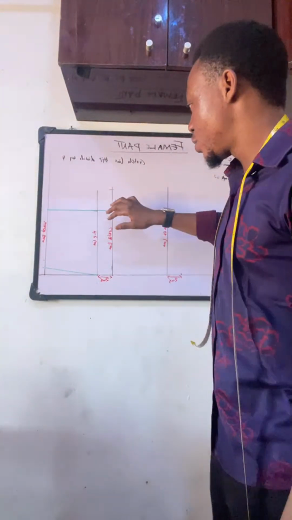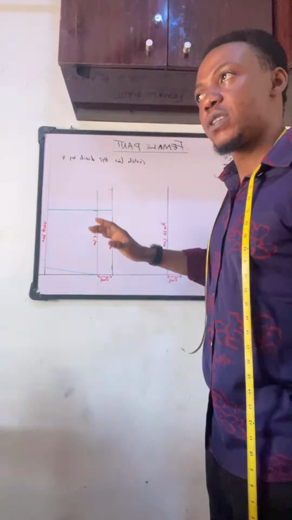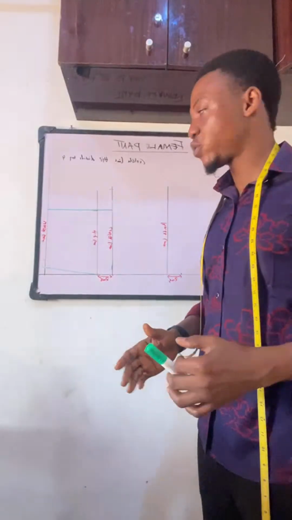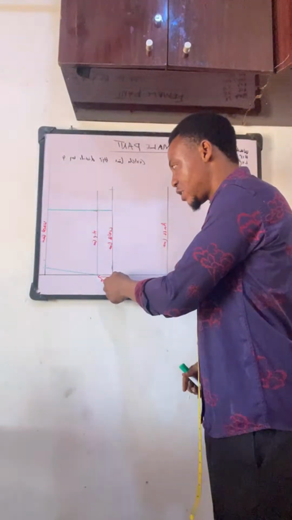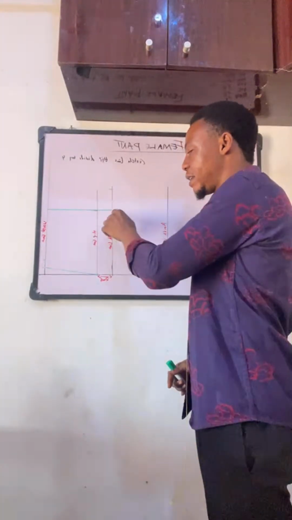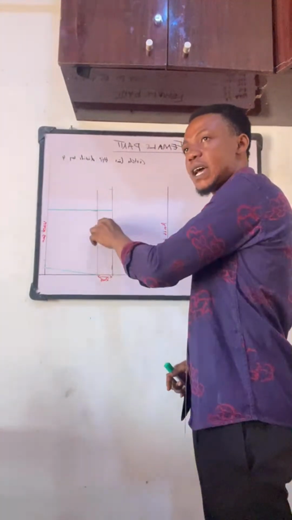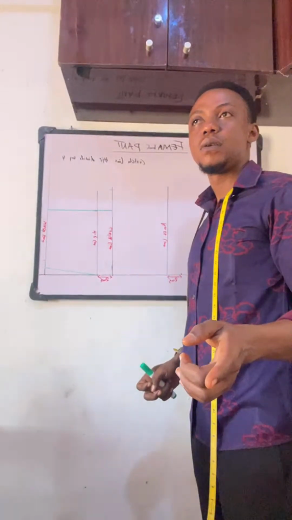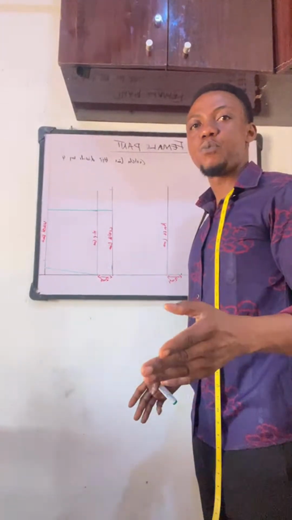There are other methods of getting this place too, but let's use this one for the purpose of this class first. There are different methods where you divide from this place to this place. The hip measurement is 9. Divide it by 4, you have 2 point something.